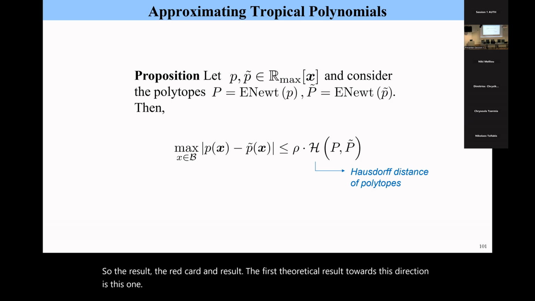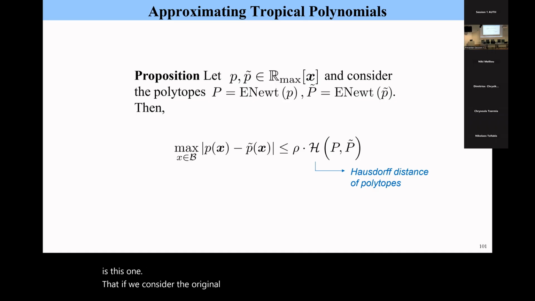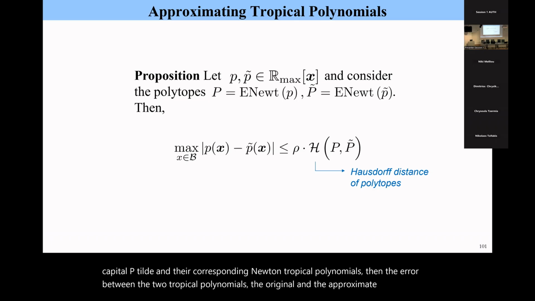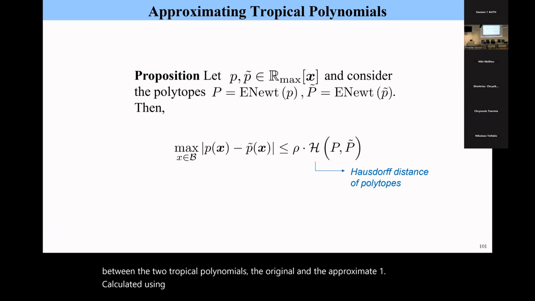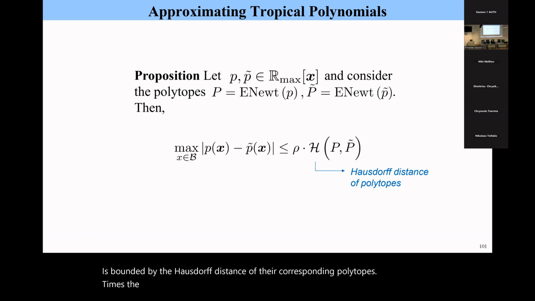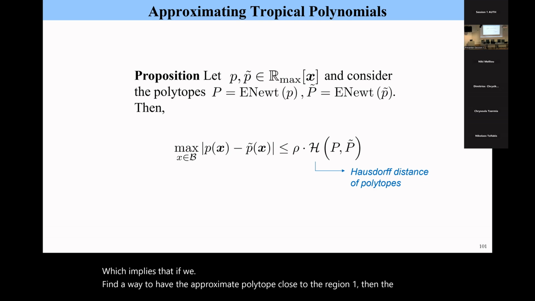If we consider the original polytope capital P and the approximated polytope capital P tilde and their corresponding Newton tropical polynomials, then the error between the two tropical polynomials, the original and the approximate one, calculated using the L infinity norm, meaning the max absolute error on a unit ball, B, is bounded by the Hausdorff distance of the corresponding polytopes times the radius of this ball, B. Which implies that if we find a way to have the approximate polytope close to the original one, then the operation of the approximate neuron will be close to the original neuron.